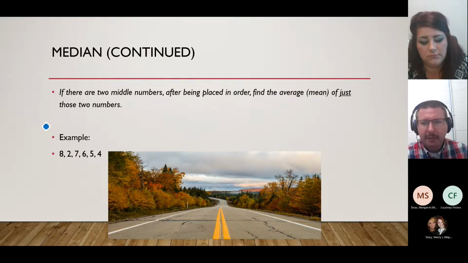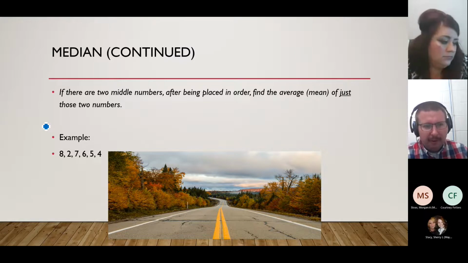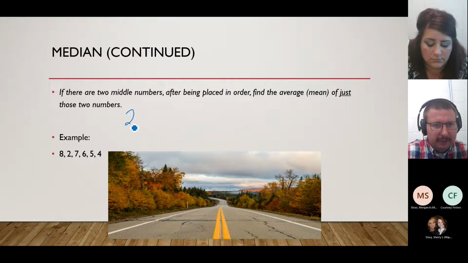sometimes you might have two middle numbers. You still got to put them in order from small to big. So let's go and do this example first. Put them small to big.